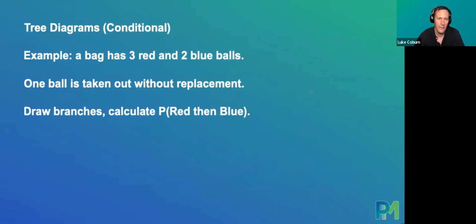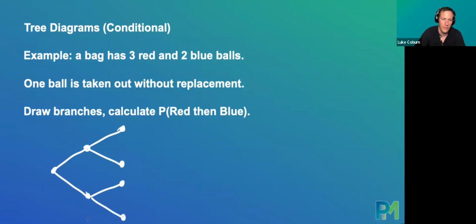Okay, so now we have: a bag has 3 red balls and 2 blue balls, and 1 ball is taken out without replacement, then draw 2 branches to calculate the probability of red, then blue. Okay, so let's have a look at this now. So we're going to only draw 2 branches, okay? So we'll go from here to here, and then from here, 2 levels of branching, I mean.